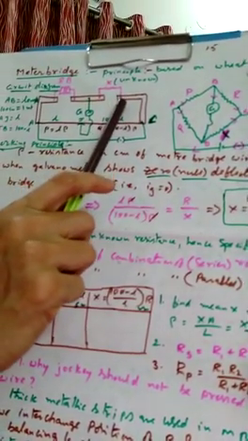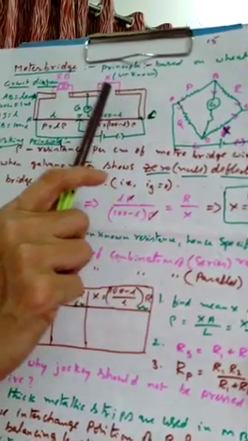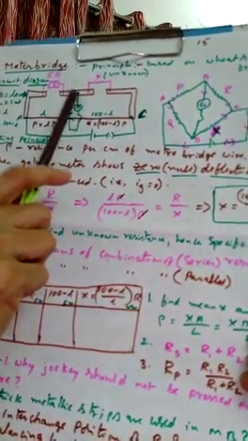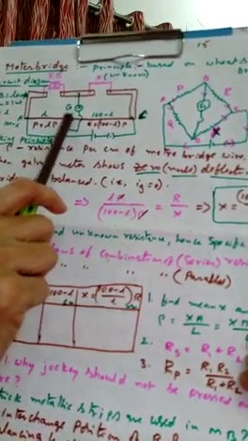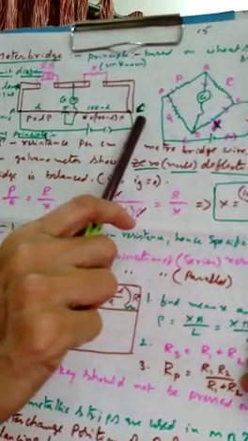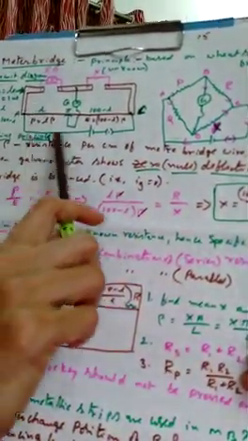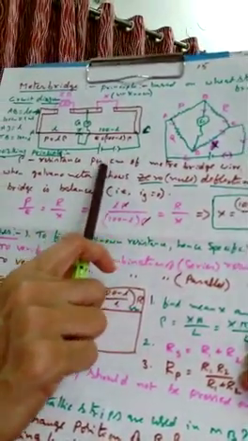And in the right gap, the unknown resistance, whose resistance is to be found, we connect here. And from the middle point, a galvanometer, with the other end to the jockey. The jockey is sliding on the constantan or manganese wire. This is the construction. And along AC we are connecting a cell.